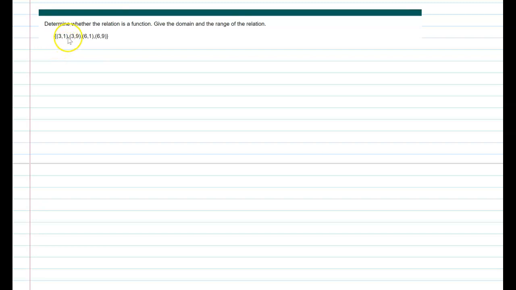So you look at the x values here, and you don't want one x to be paired to different y values. In that case, that will not be a function.